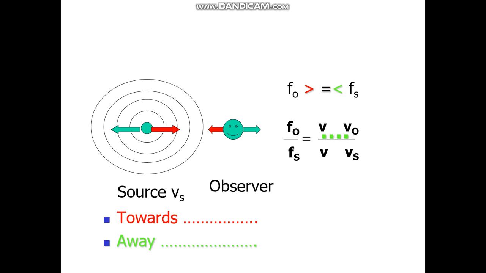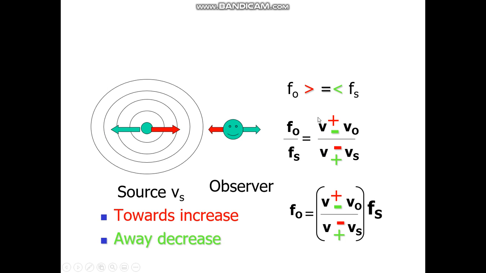Obviously, you can combine these two. And we know that if the movement is towards, then the ratio or the observed frequency must increase. If the movement is away, then the observed frequency or the ratio must decrease, which means in our formula, any motion that is going to increase the fraction I've colored in red, and the observed frequency would increase.